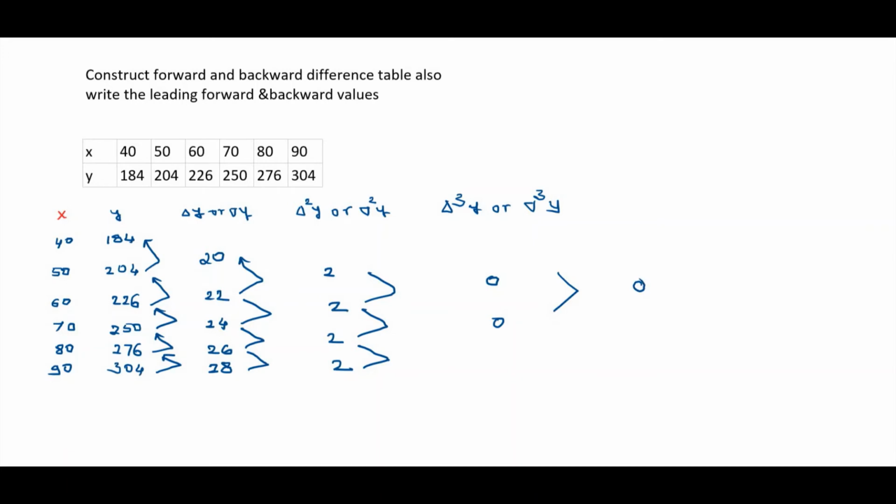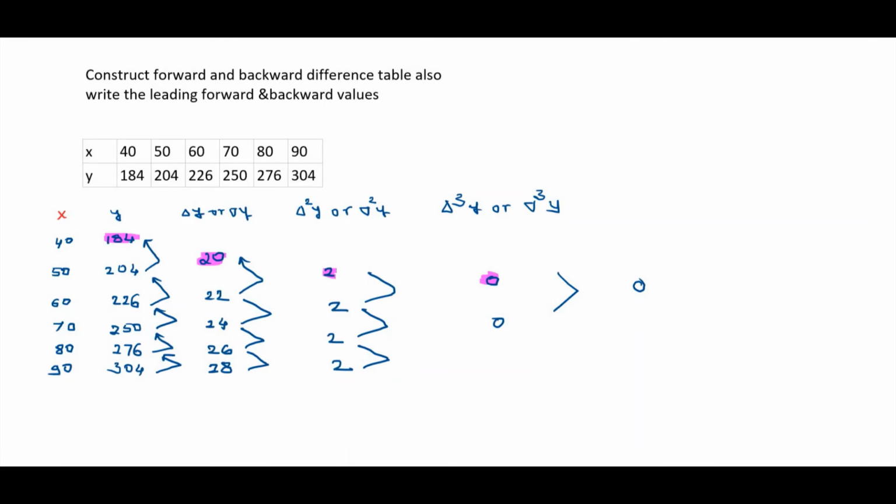Now, from the same table, we have to write down the leading forward values. The leading forward values are 184, then 20, then 2 and 0. So these are the leading forward values.